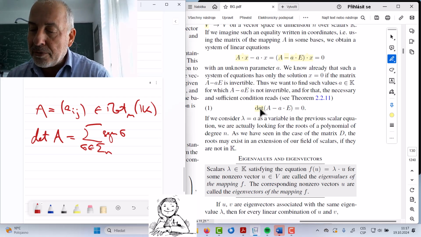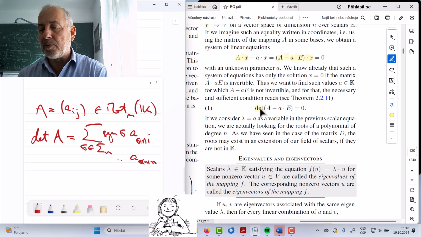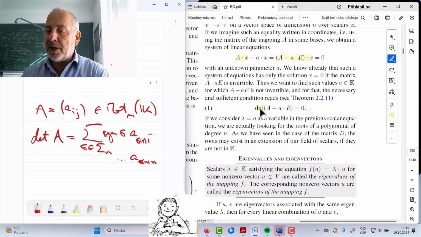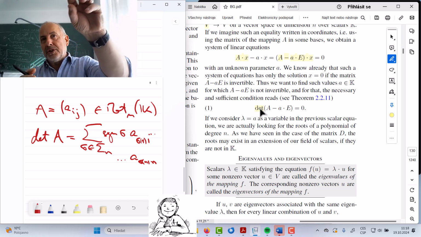And here we have then a product of A sigma 1, 1 times and so on, and the last one will be A sigma n, n, right? So we simply take from the j-th column the sigma j element, right? And from each column we take exactly one.